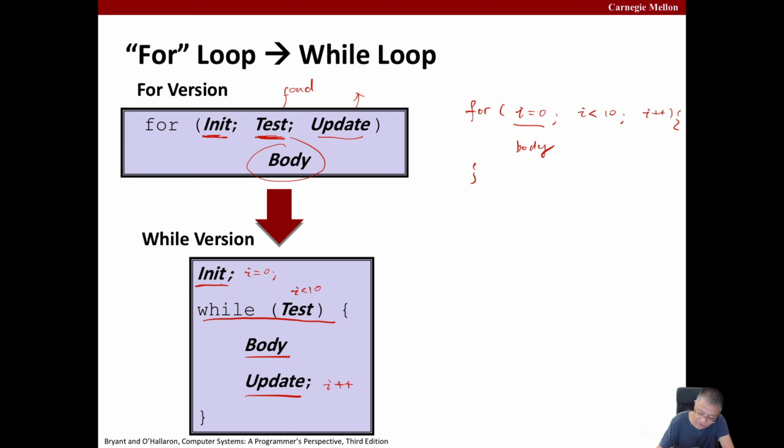Now we can use this to convert to the goto version. We have an init, then a loop, then the body and update. Now we have a test: if test, go to loop.